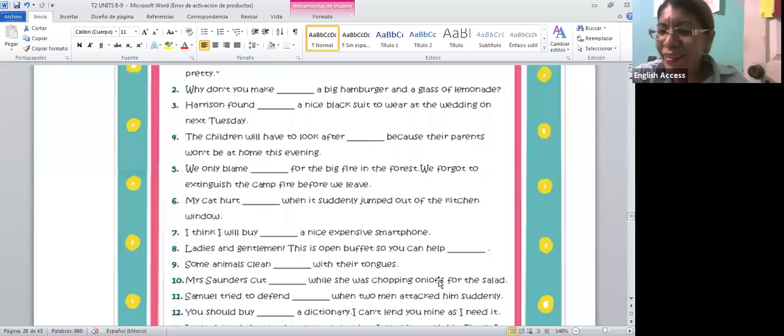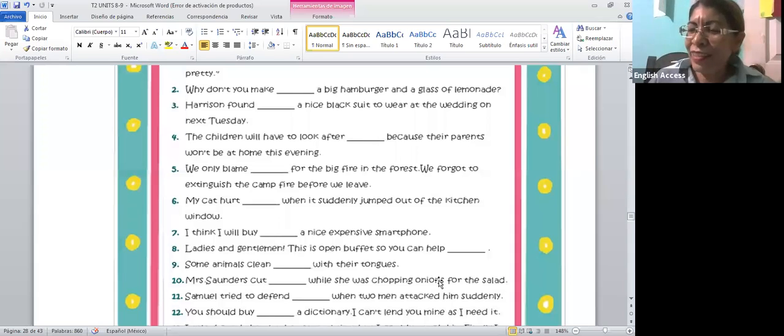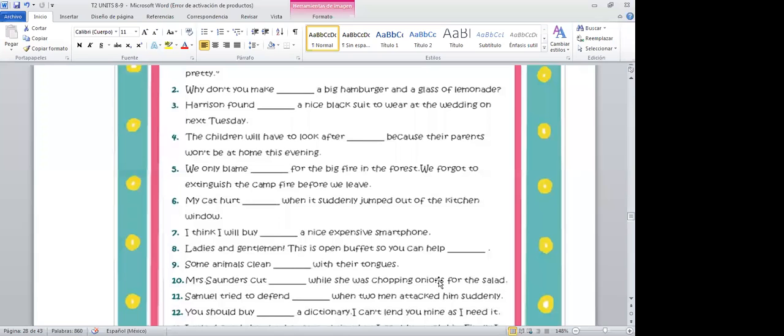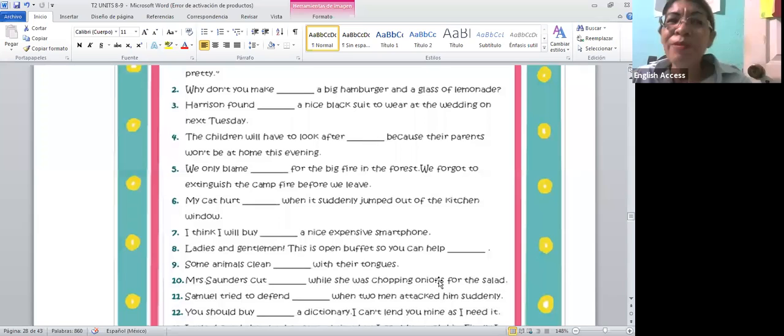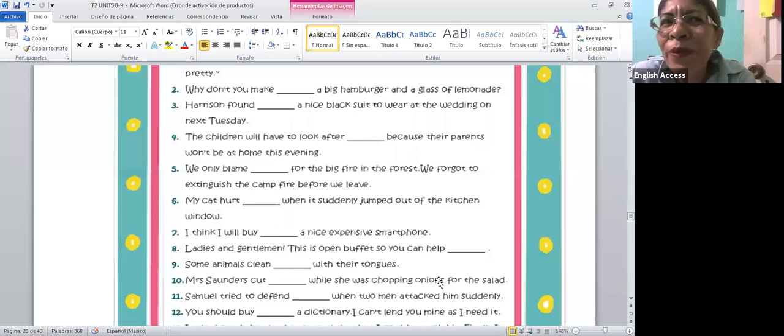The children. What is the pronoun? I'm talking about children, plural. For example, if I say Luis, I'm talking about he.